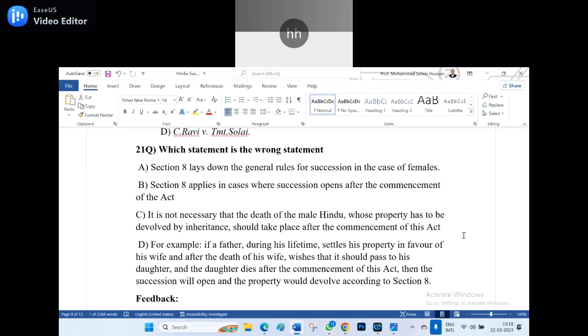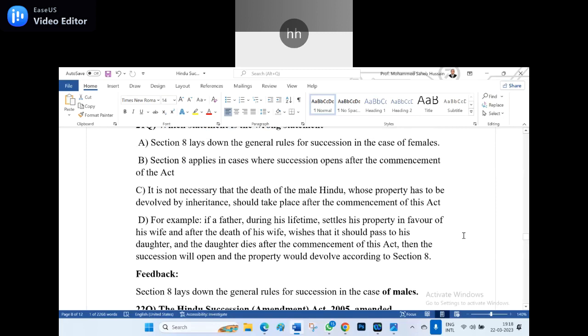Of course, sir, D. Yes. D is the right answer, sir. Wrong. Such questions are asked very rarely, but they may ask. See, A: Section 8 lays down the general rule of succession in the case of males, but I wrote females.